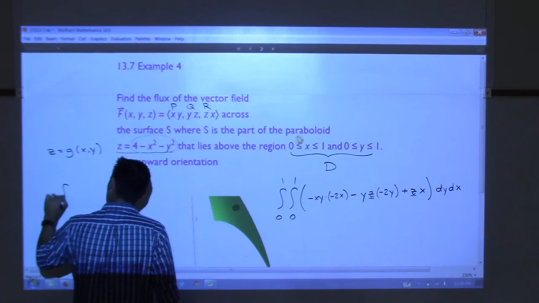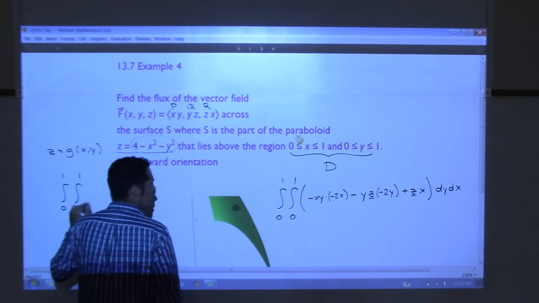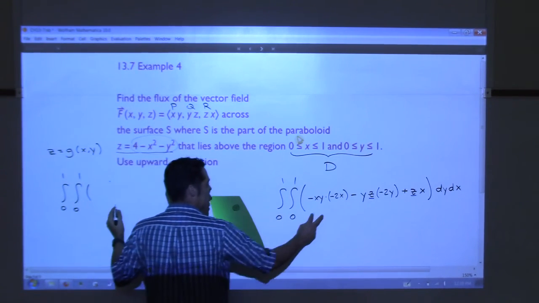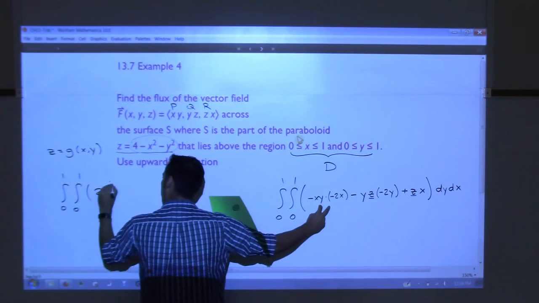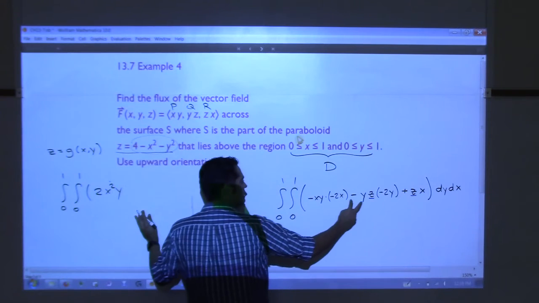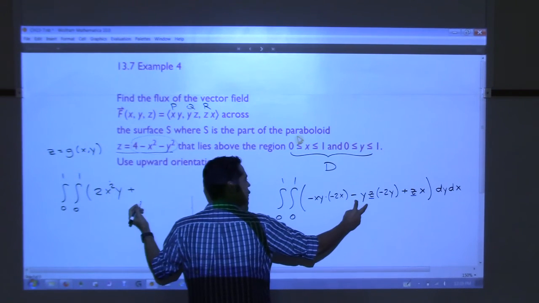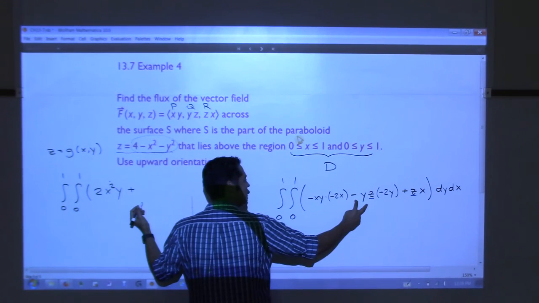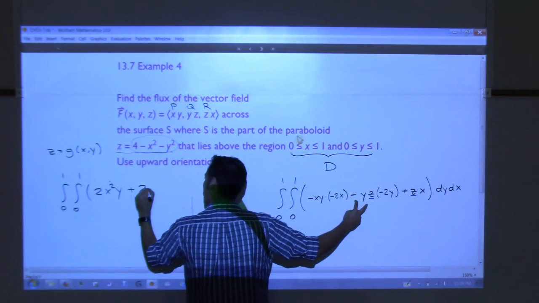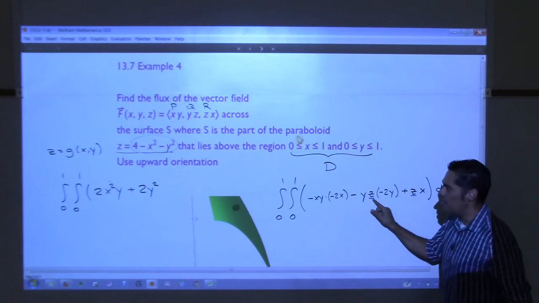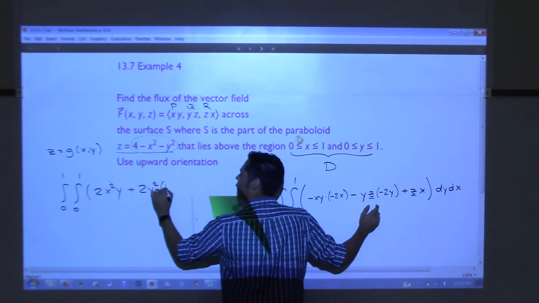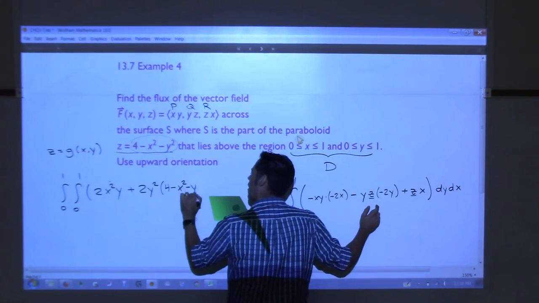And it'll be a great point for us to stop and let you go play with it instead of me. This will be positive 2x squared y, and then here positive 2y squared, and then z I'm going to replace with 4 minus x squared minus y squared.